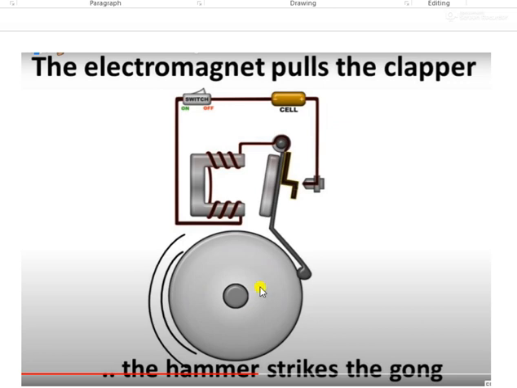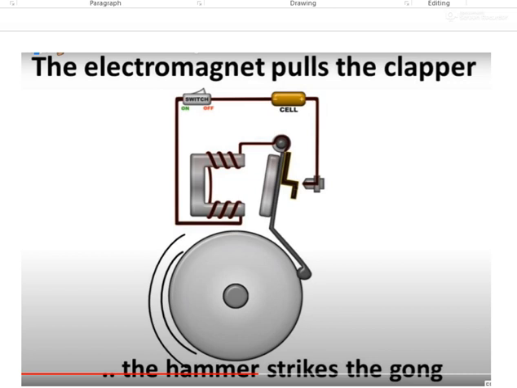But when this hammer comes in contact with the bell, what will happen? The connection between the screw and the wire gets removed. So the circuit will not be complete and current will stop.